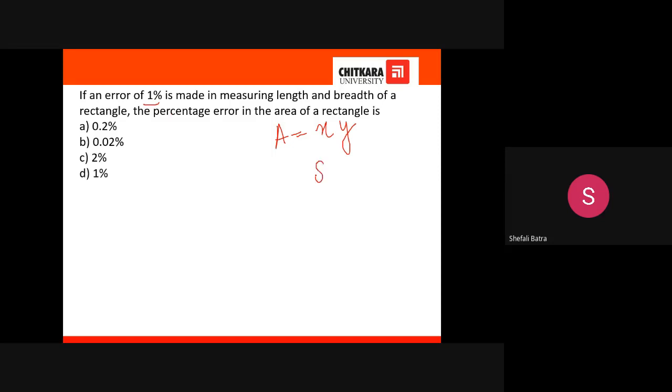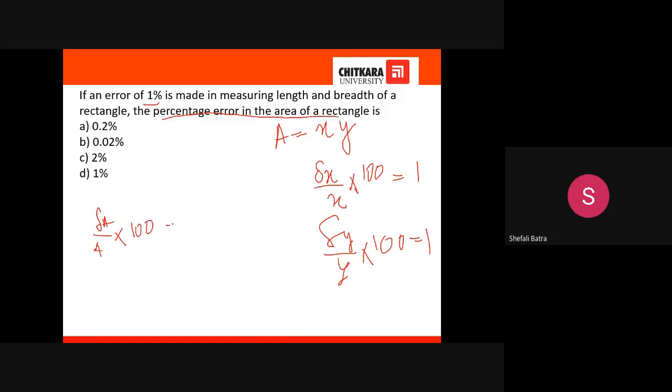Percentage error means error in x divided by its original value into 100, value of this is equal to 1. Similarly, delta y upon y into 100 is equal to 1. So this is given to us. So now we need to find out percentage error in area of a rectangle. So you need to find out delta A upon A into 100. I need this.